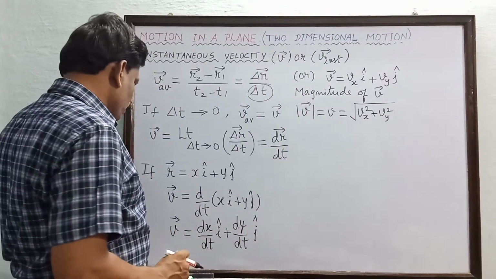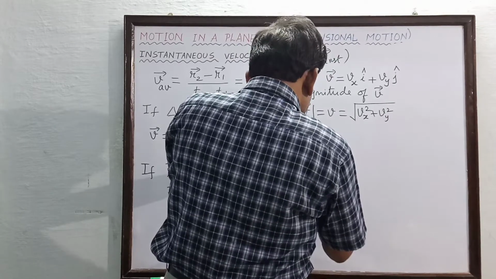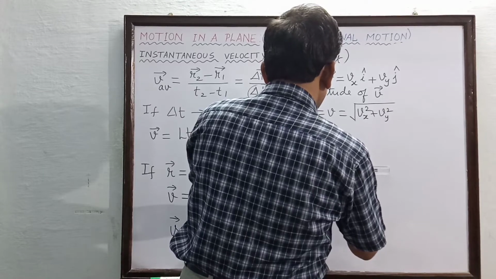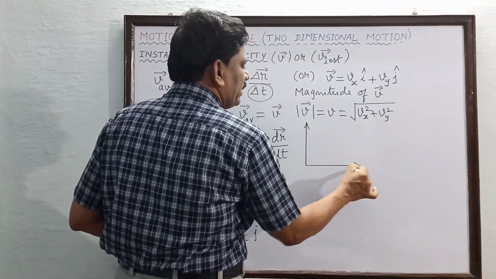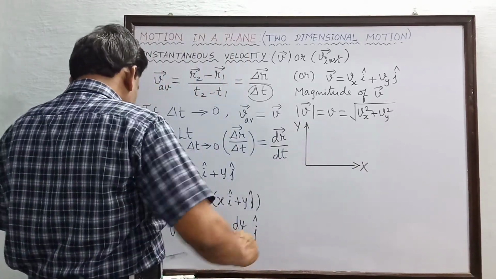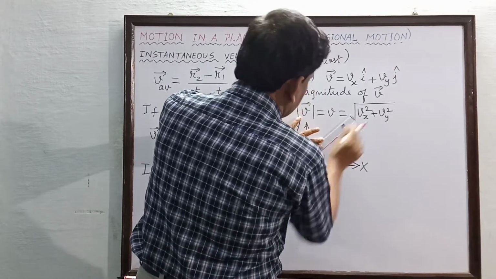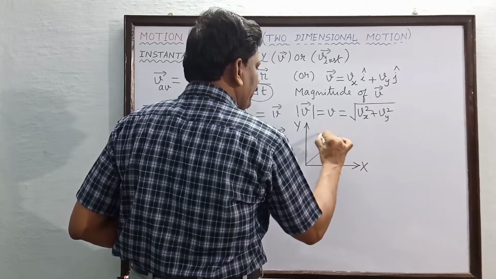Suppose you draw a graph like this showing the direction of the instantaneous velocity. So I am going to show this in the xy plane. So this is x and this is y. This is the instantaneous velocity, the direction of the instantaneous velocity v.